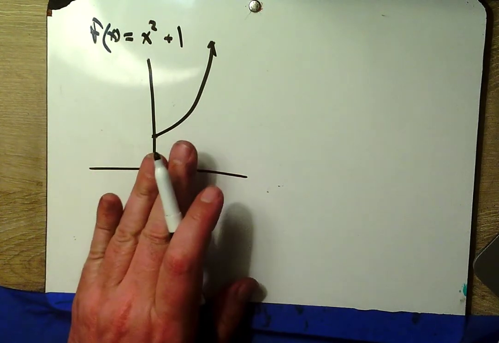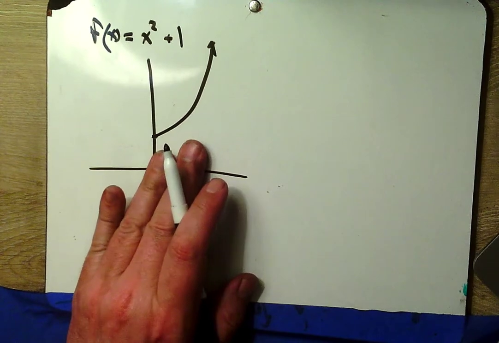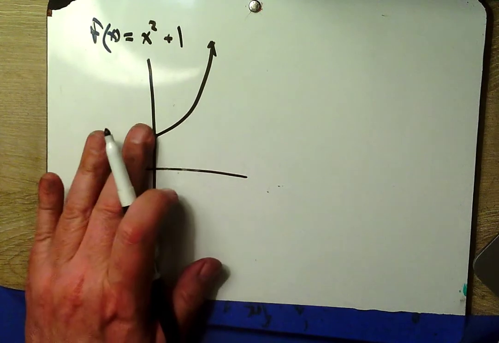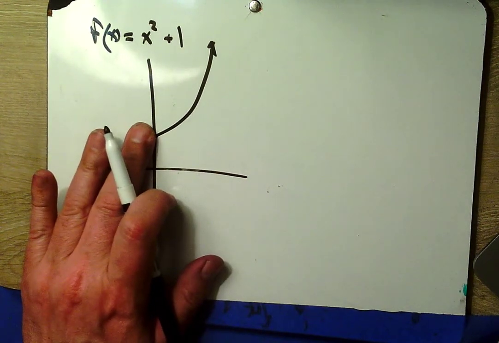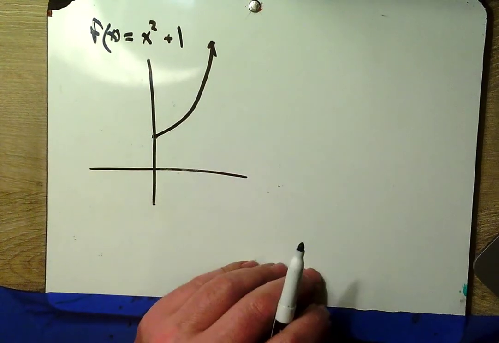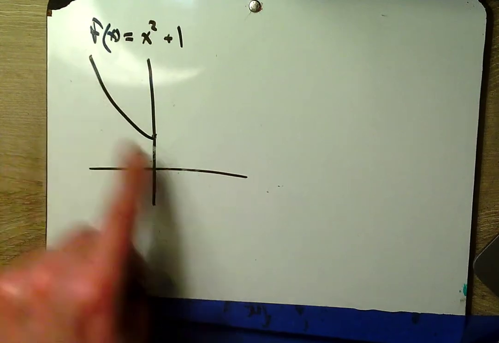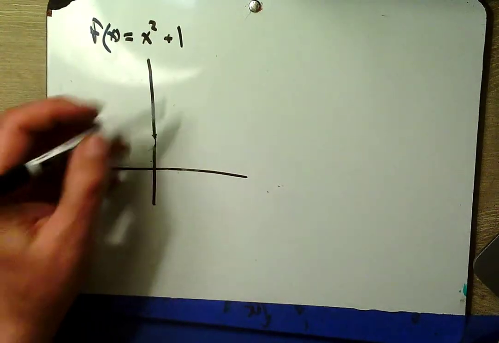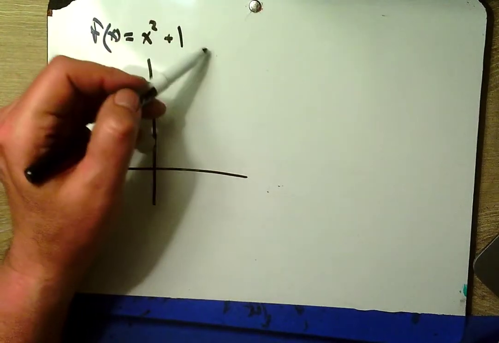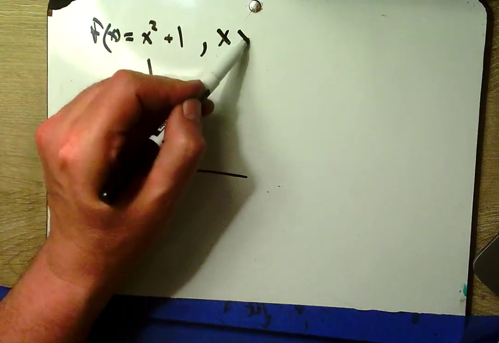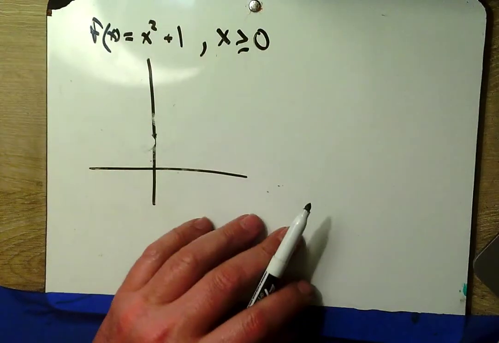What if we restricted the domain on the parabola so that we went from the vertex on, either side, doesn't matter. And so if I want to do that, I need to do something like this.